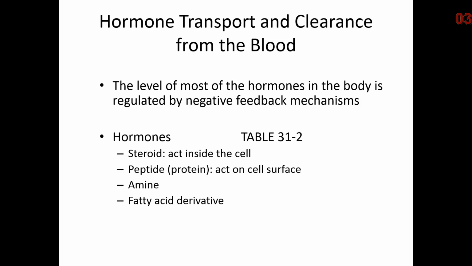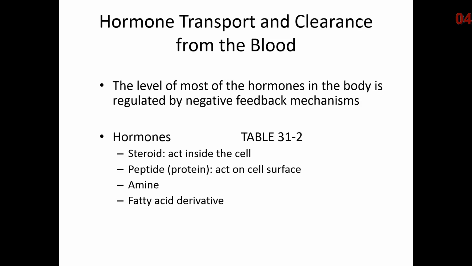But some of what I want you to focus on is steroid hormones, peptide hormones, amino acid hormones, and fatty acid derivatives. Peptide hormones and protein hormones are water soluble and usually circulate unbound in the blood. Whereas the steroid hormones and the thyroid hormones are carried by carrier proteins and are synthesized in the liver.